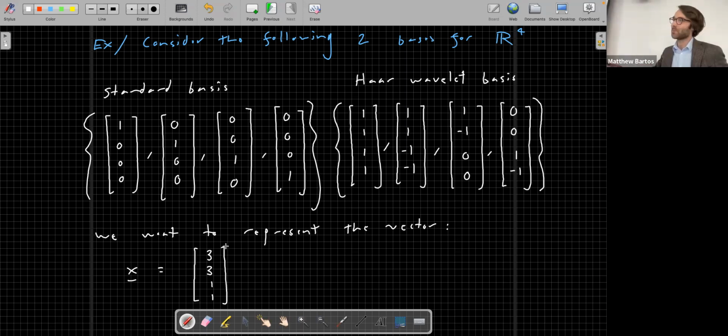Note that anytime we are writing a vector, we have to specify which basis we're talking about. So this is the vector (3, 3, 1, 1) in the standard basis. Okay, so in the standard basis, we can write this vector as follows.